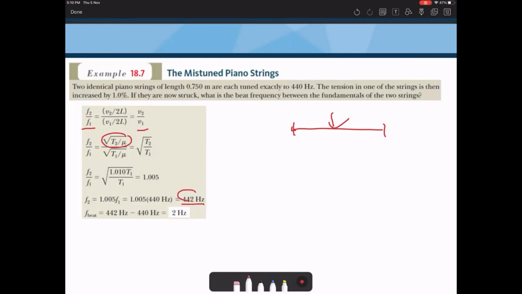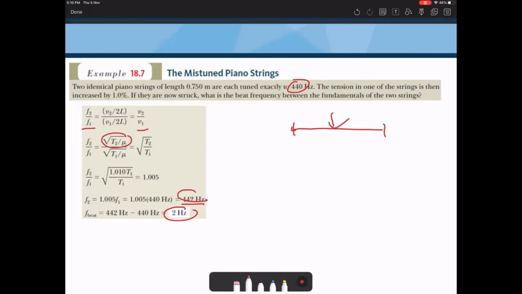So the difference in the frequency would correspond to the beat frequency. So that is the idea of the beats generation if you have two sounds that come next to each other and they have similar frequencies.